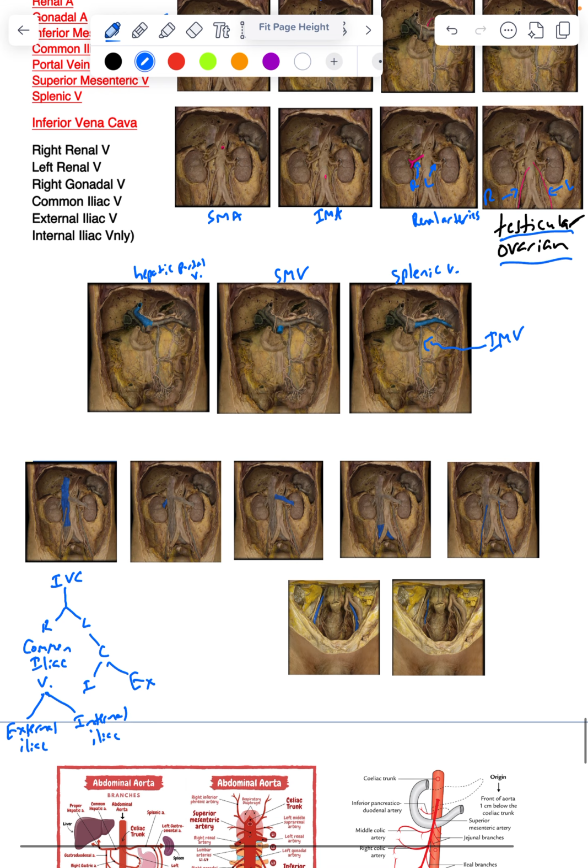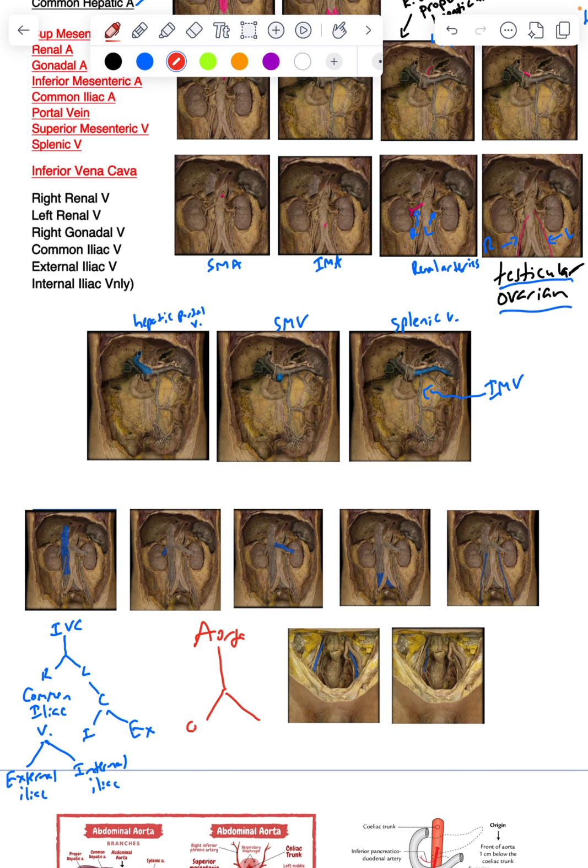So that's the same way your aorta also splits. So your aorta, abdominal aorta, will go right, left, common iliac artery on the right, same thing with left. And then same thing, you get the external and then internal.